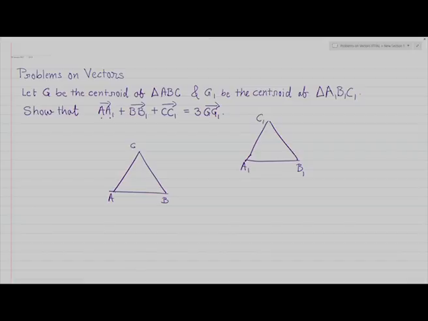Then I start with A and join A1, that is this line. Then I start with B and join B1 this way. I start with C and join C1. So, as you must have seen, this has a direction in this form, A1, B1, C1.